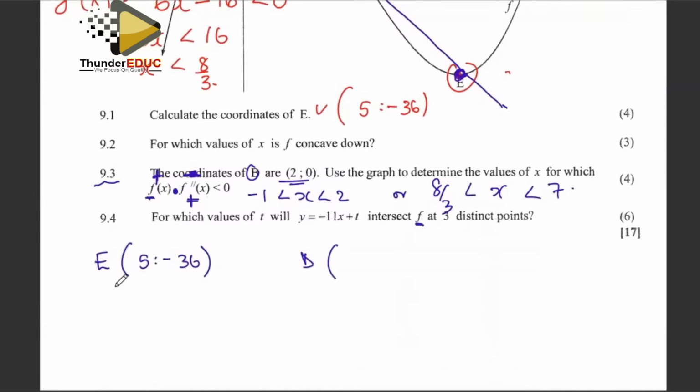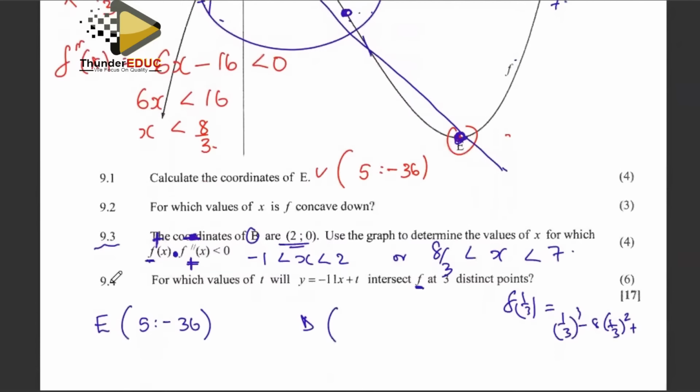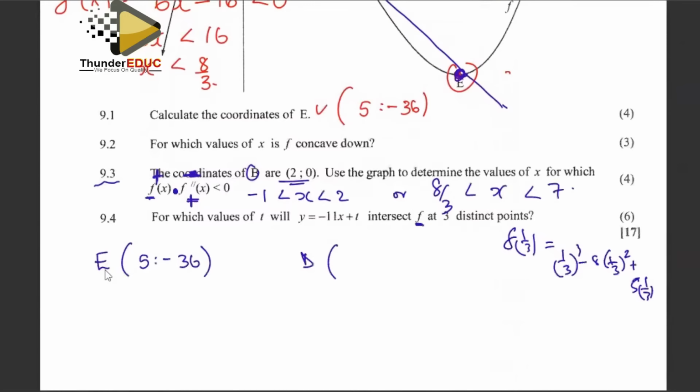If I substitute and find f of 1/3, it's going to be 1/3 cubed minus 8 times 1/3 squared. Is it plus a 5? Yes, plus a 5 times 1/3. And then lastly, you're adding a 14.